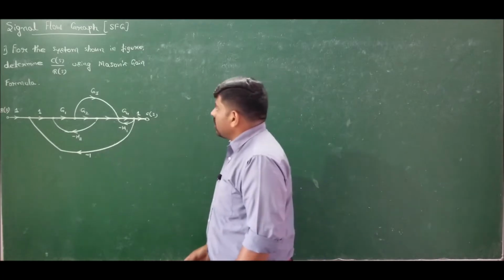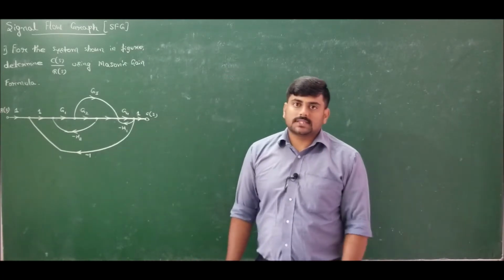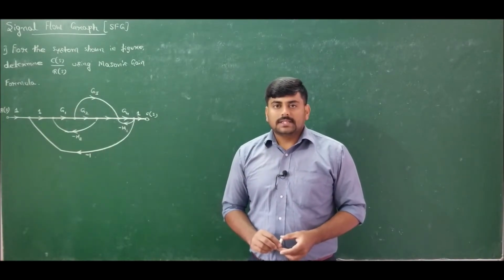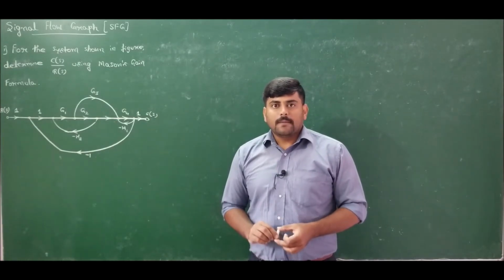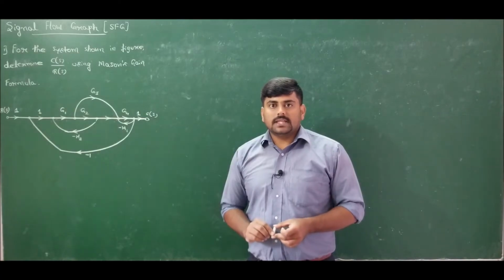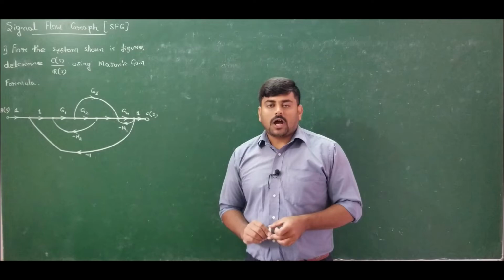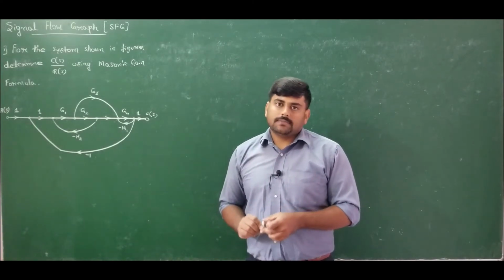Now if I employ Mason's gain formula for this signal flow graph, just now I have discussed, overall transfer function is equal to 1 by delta summation of k varies from 1 to n, pk delta k, where delta is determinant of the graph, pk is forward path gain of kth path, delta k is the value of delta after eliminating the gains of loops that are touching kth path.